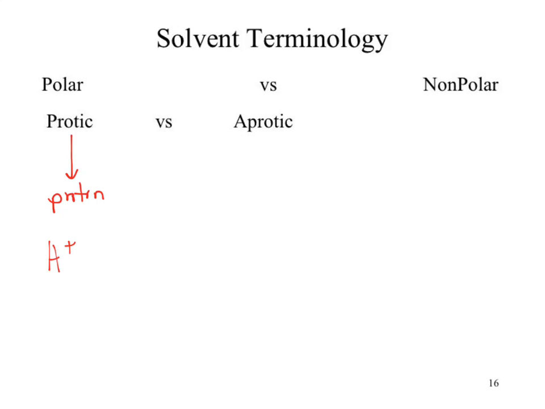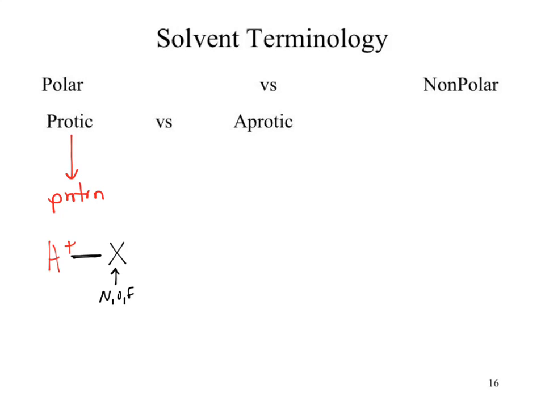So when do I get a positive hydrogen? When it doesn't have an electron, but if I'm looking at a solvent, I'm not going to be looking at just H+ floating around. It needs to be connected to something. So how does hydrogen get as close to being positive as possible? By having a bond to a very electronegative atom, nitrogen, oxygen, or fluorine. So protic really just means a hydrogen bonding solvent.